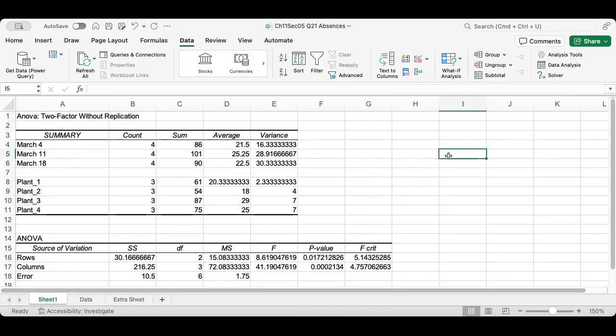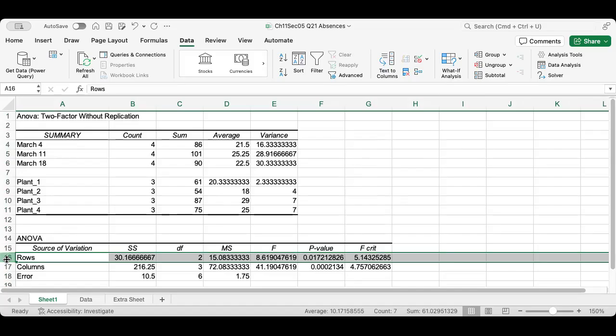For the rows and for the columns, it gave me a critical value F, it gave me a p-value. It gave me a calculated value for F. You tell me, do the rows matter? There's my row information.